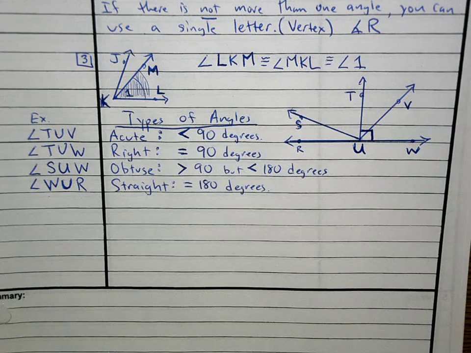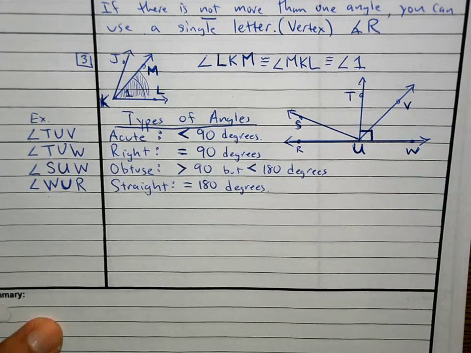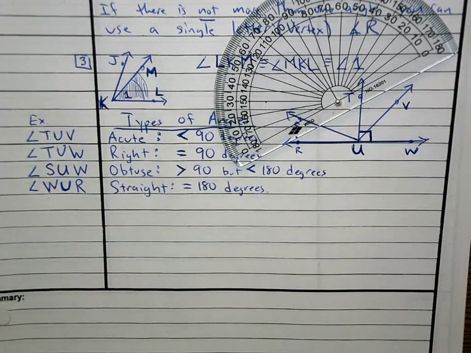If you have to use a protractor to measure something, we are going to use protractors today. This is how you measure an angle. You have to start off with one side of your angle being 0.